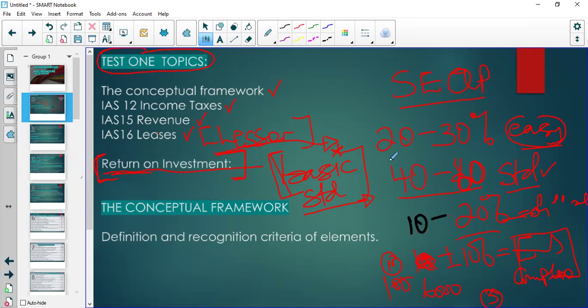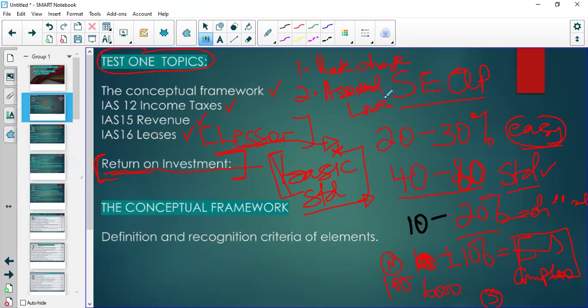Generally, if you look at topics like income taxes, then you have things that have to do with rate change, which is a bit tricky. They want to talk about things that have to do with, for example, assessed losses, yeah, utilization of assessed losses.